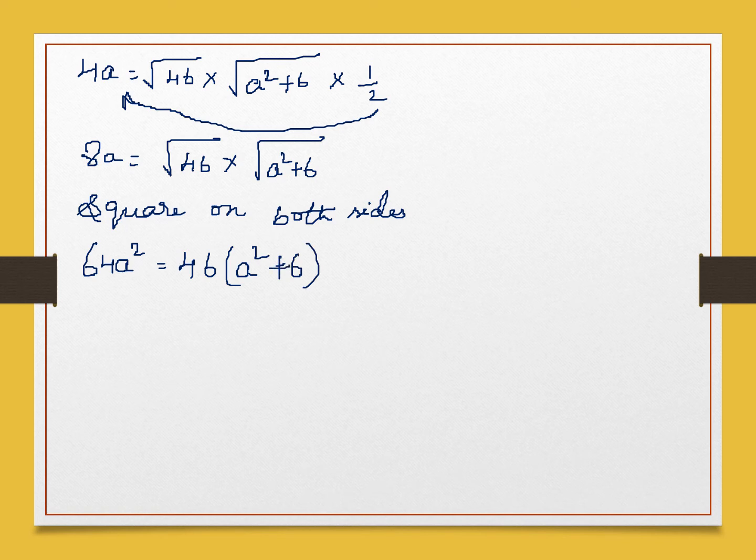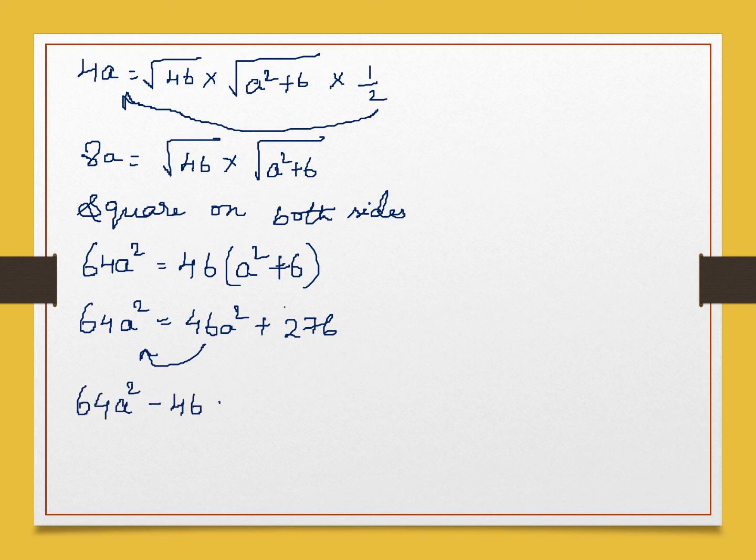Now if we multiply, 64a square equals 46 into a square plus 46 into 6, which is nothing but 276. So we are bringing this to this side: 64a square minus 46a square equals 276. So 64 minus 46 is 18a square equals 276.